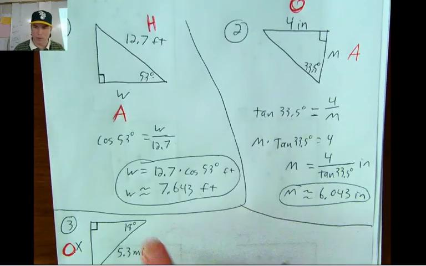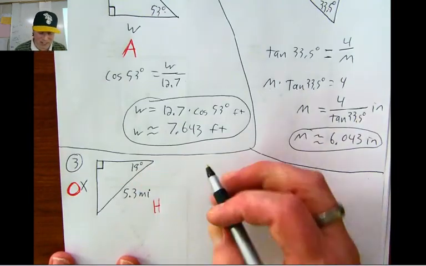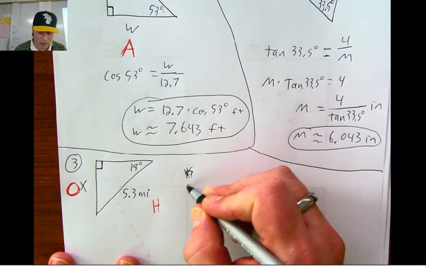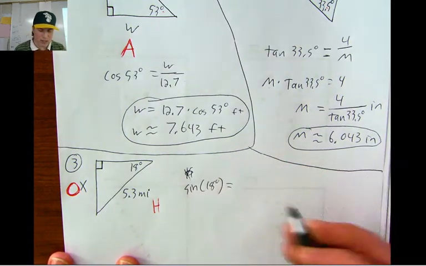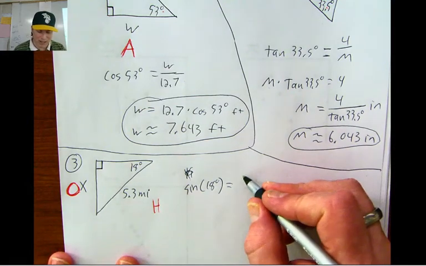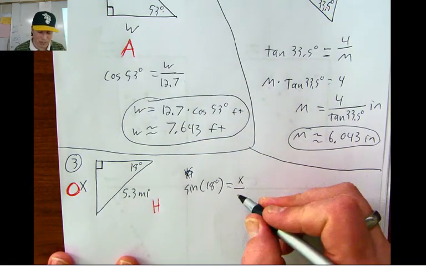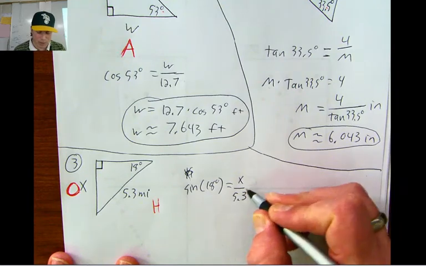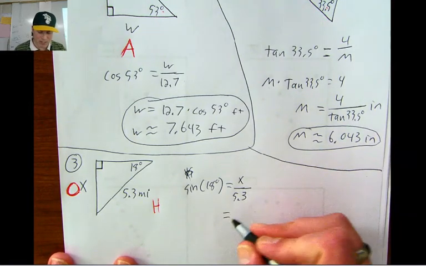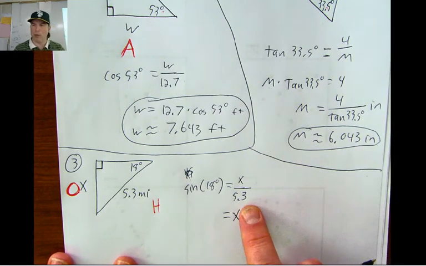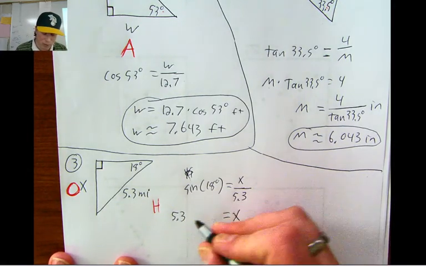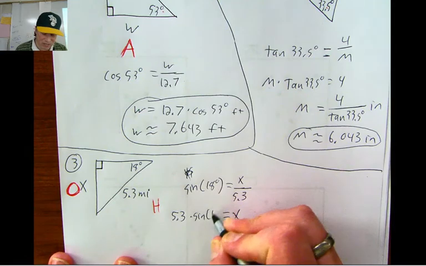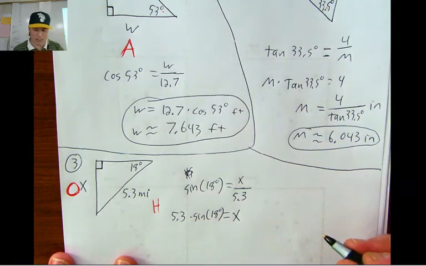So back up to here: sine of 18 degrees is equal to opposite x over hypotenuse 5.3. For the exact answer, you multiply both sides by 5.3, and you have 5.3 times sine of 18 degrees equals x.